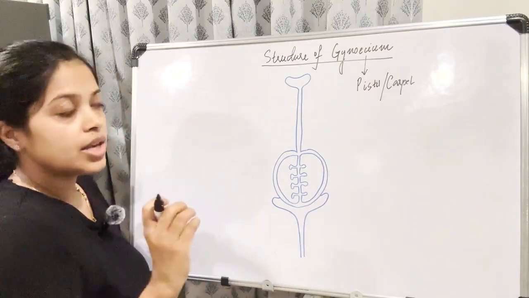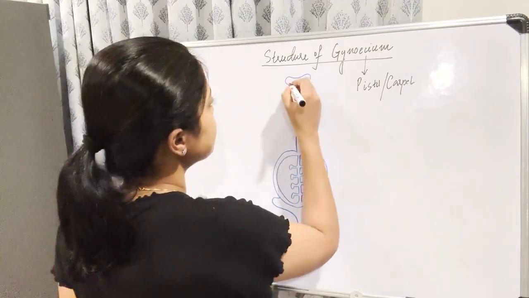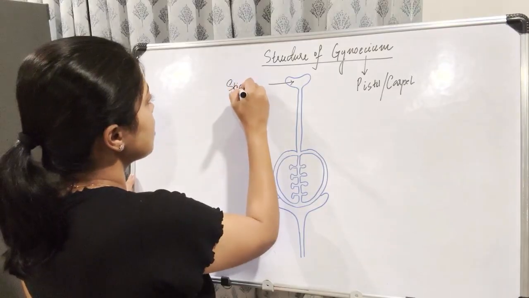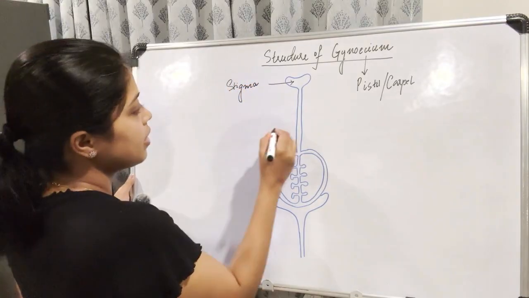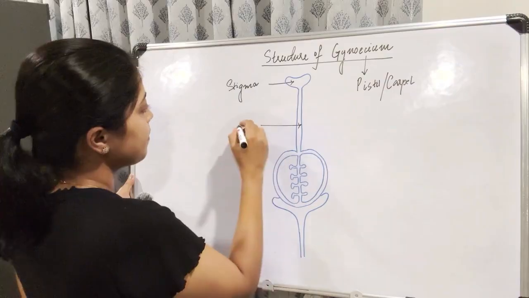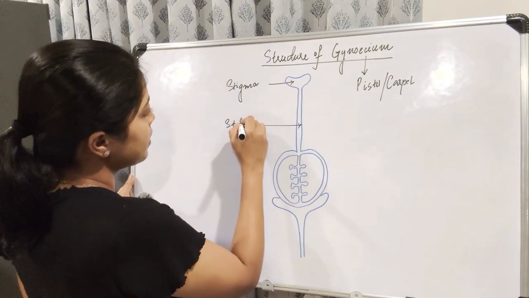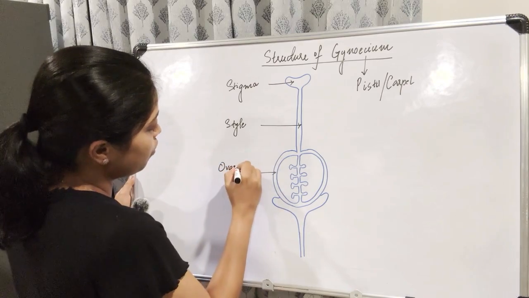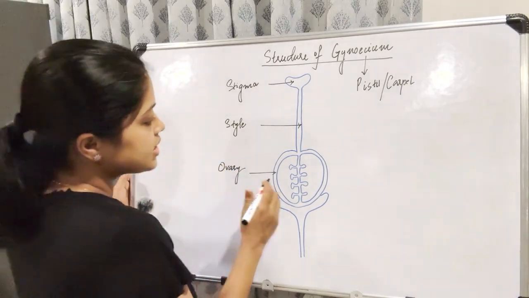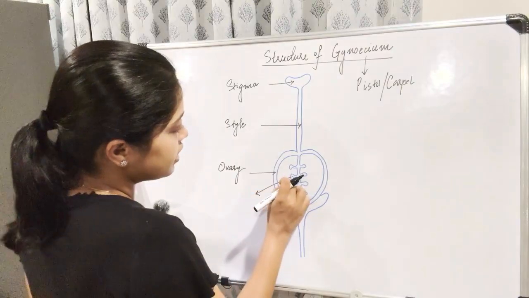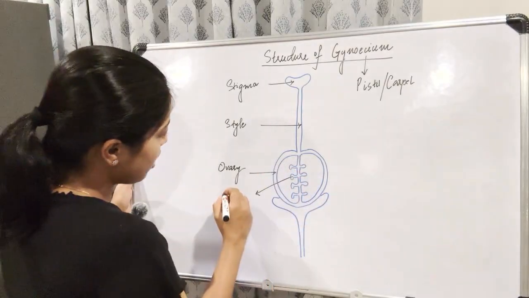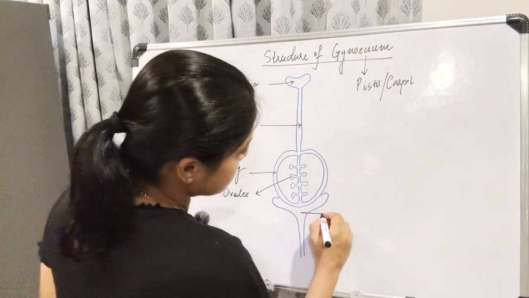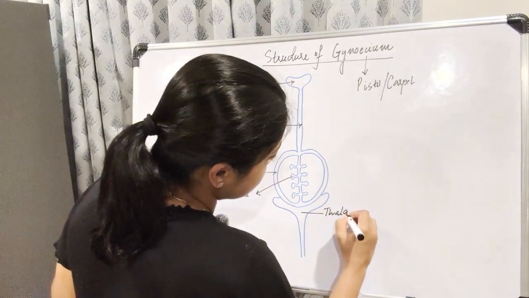So it has three important regions: stigma, style, and ovary. Inside the ovary, these small globules are called as the ovules. This is the thalamus.